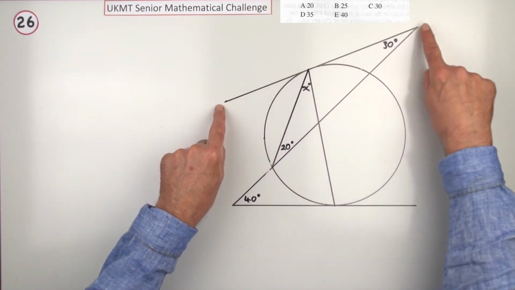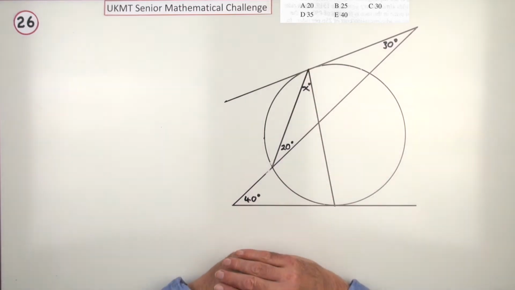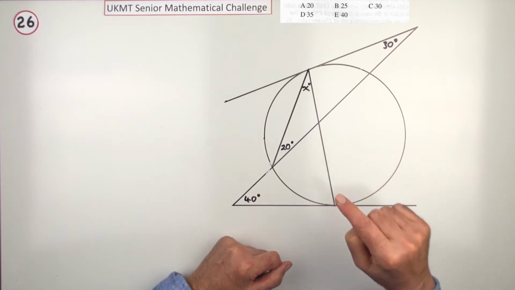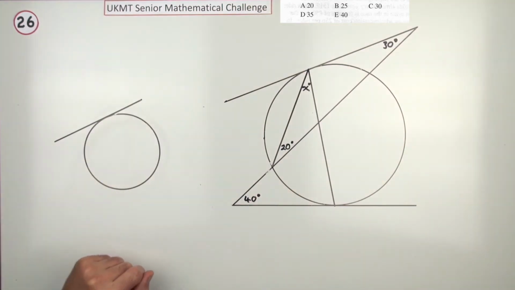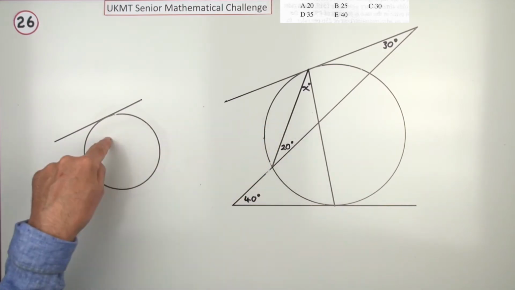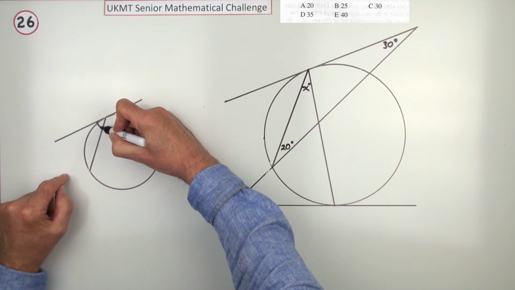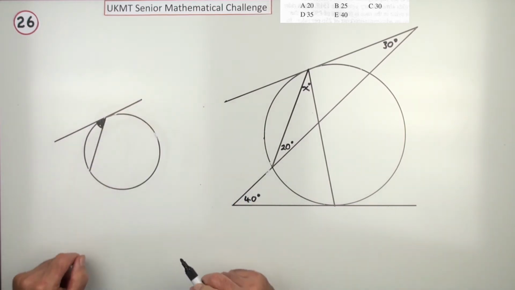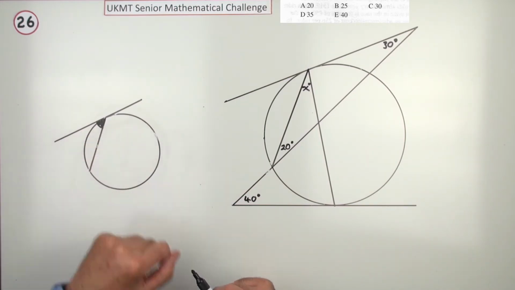If you see a tangent meeting a chord at the point of tangency, then you can use something called the alternate segment theorem, which is this. If you have a tangent to a circle which meets a chord at the point of tangency, then the angle between the tangent and the chord is the same as the angle formed by that chord in the opposite segment.